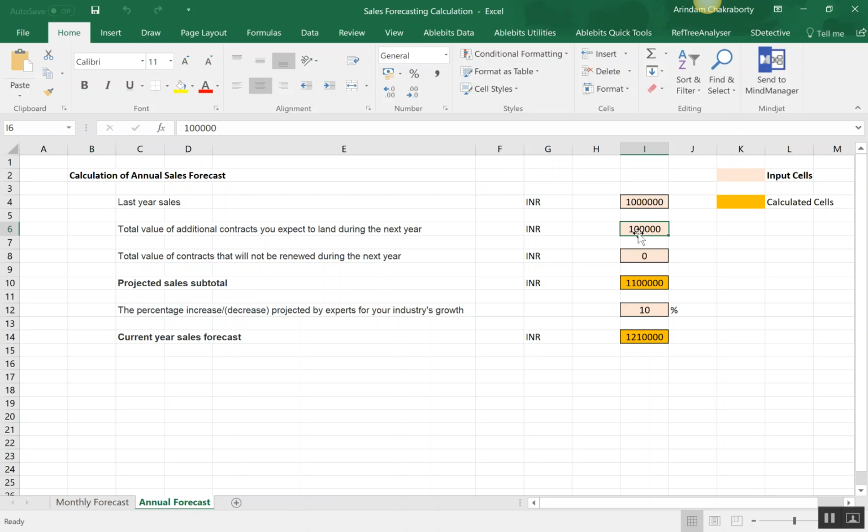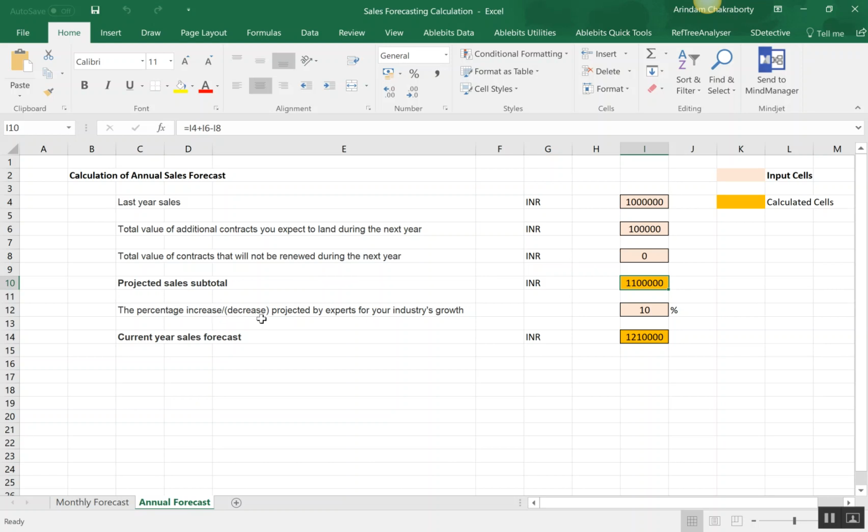Then the total value of contracts that will not be renewed during the year, say we are very optimistic and all would be renewed, so there is nothing that does not get renewed. If it doesn't, there's an element out here, as you see in the formula, that would get deducted. So the projected sales for the year would be 11 lakhs, right?